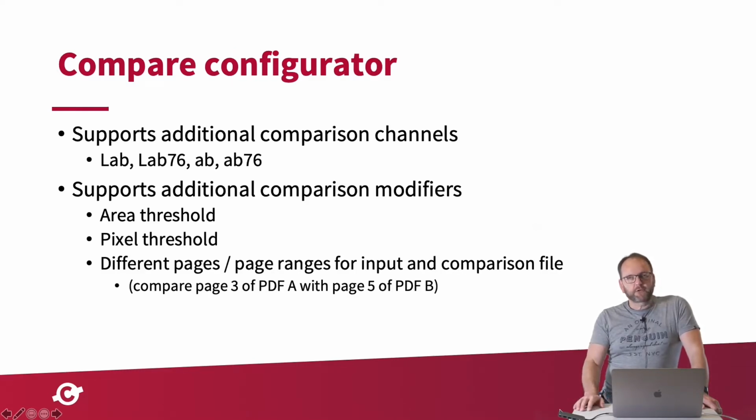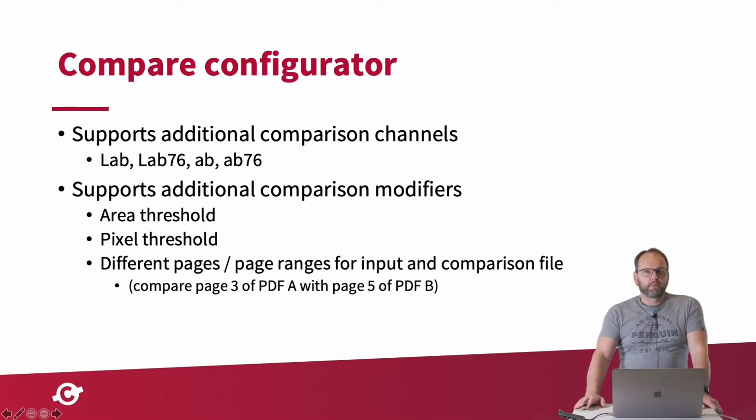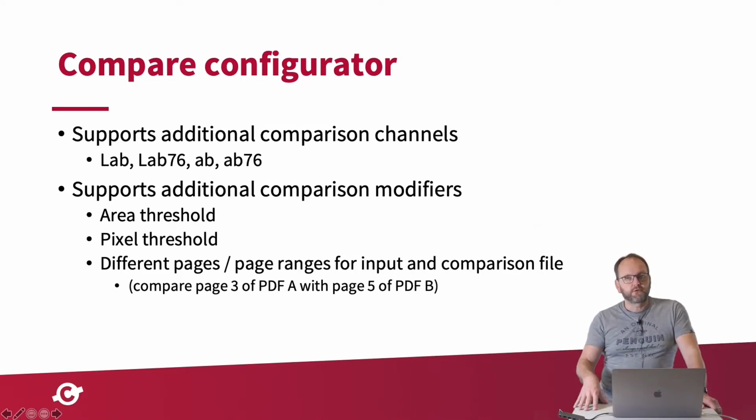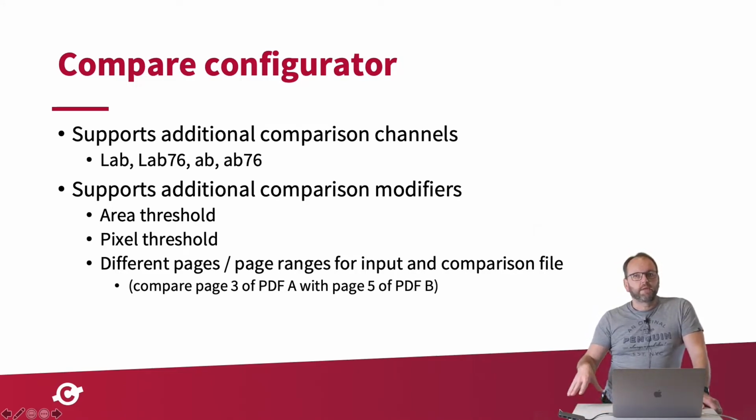In the last session, Dietrich talked about a number of differences for the compare functionality in pdfToolbox, and of course these have also been made available in the configurator now. And there are two changes that you will see. The addition of additional comparison channels, and those are the comparison modes, if you want, that were introduced already in pdfToolbox 12.